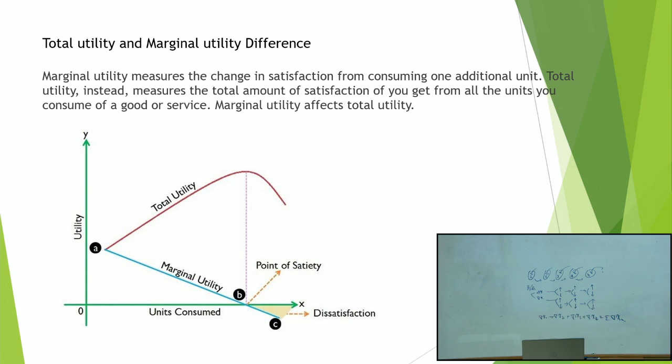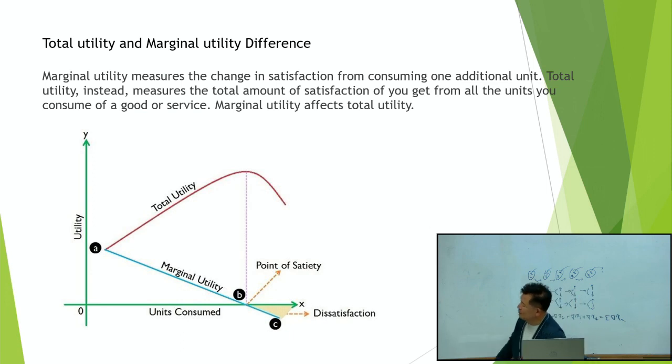So for any product, the graph shows the total utility going up and going down, and the highest point of total utility, and also the marginal utility, as I consume add by add, and then the utility is going down.